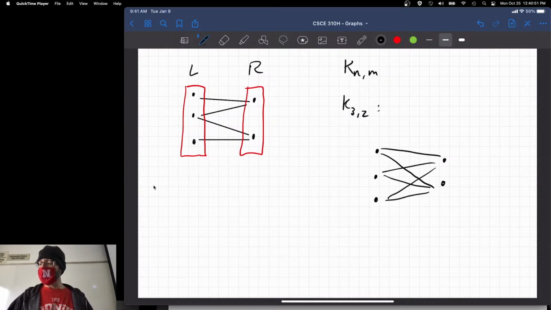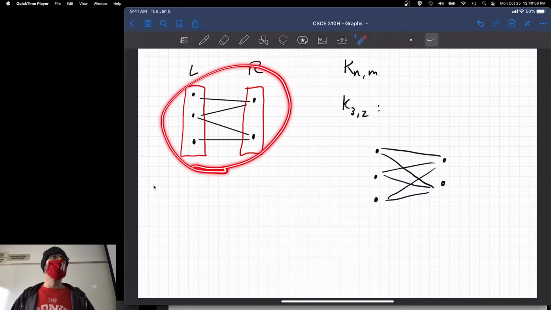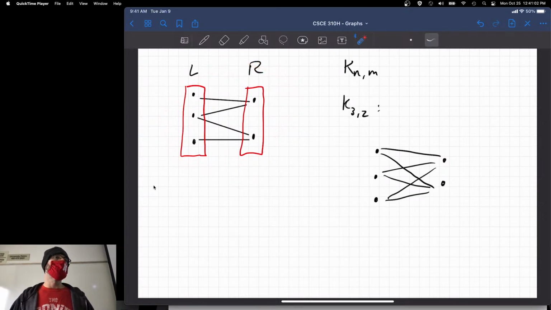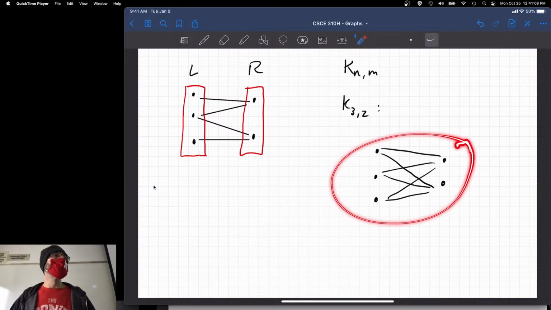First of all, on that first one, are there any cycles? Are there any cycles in this example? Nope. So maybe it's bipartite if it's acyclic. Well, is this acyclic? Nope, but it is bipartite.